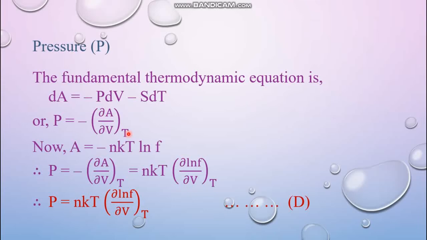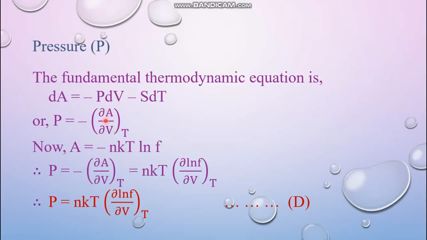So this is minus P, and in the reverse order you can also write P equals minus del A by del V at constant T. You have the expression in equation C, that A equals minus NkT ln F. Just differentiate this with respect to volume at constant temperature in order to get this value.